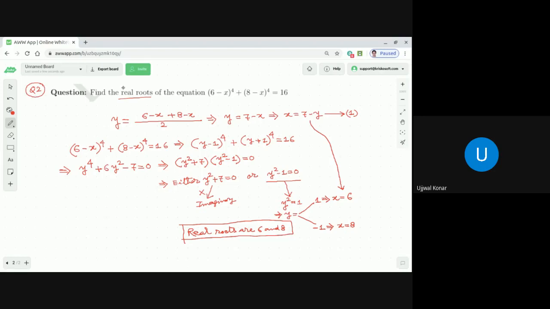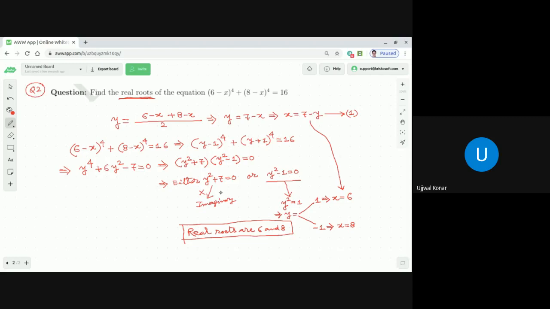As the question asks to find the real roots, we are not spending time finding the imaginary roots. But if the question is to find the roots of the equation (6 minus x) power 4 plus (8 minus x) power 4 is equal to 16, then you need to solve this part also, and that is also quite easy.